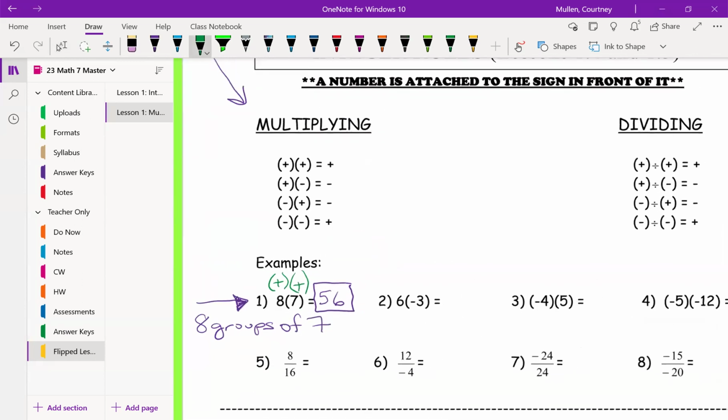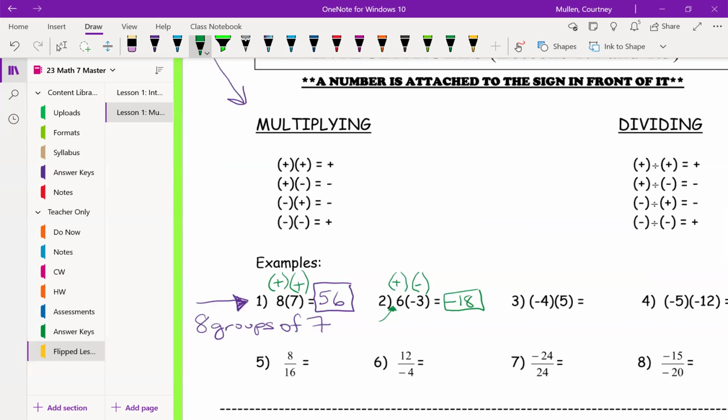So the 6, what's the sign in front of it? There is no sign, which means it's a positive. And the 3, what's the sign in front of it? It's a negative. So here we have a positive times a negative. Well, a positive times a negative is a negative. And 6 times 3 is 18. So our product is negative 18.